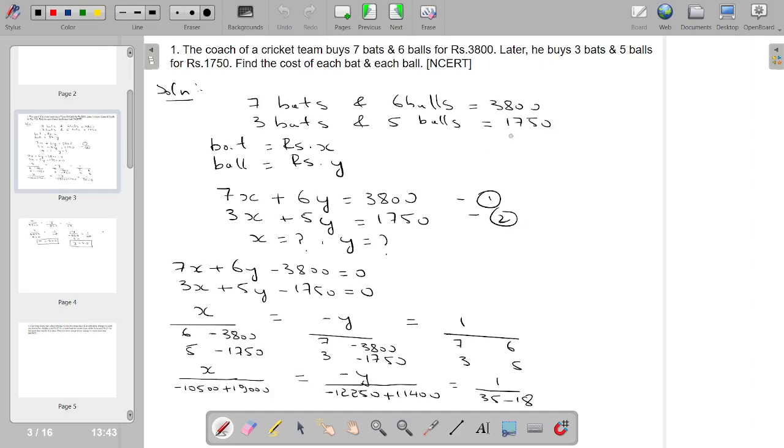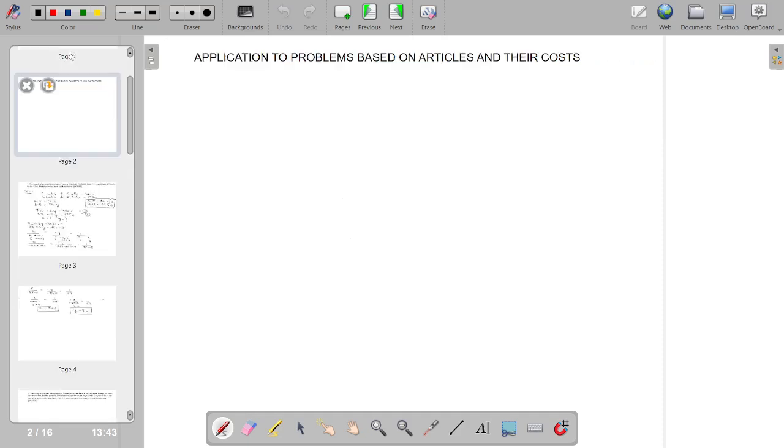So the price of each bat is 500 rupees, and the price of each ball is 50 rupees. We have seen this kind of problem comes under the application of articles and their costs, as I said.